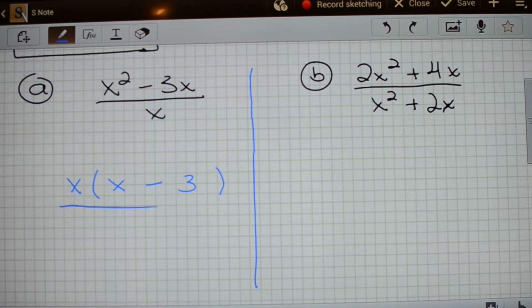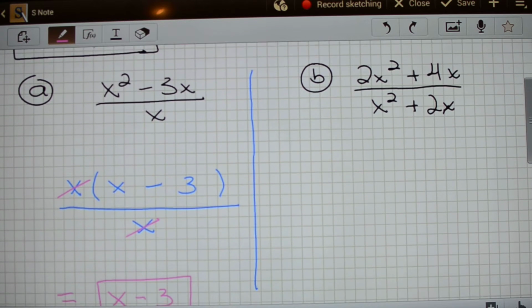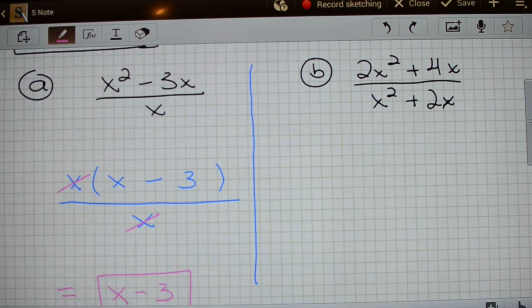And at the bottom, this x right here, we can't factor x. So now we're going to cross cancel, and we are left with only x minus 3. My fraction's gone. The fraction won't always be gone, but in this case it is, because this bottom is gone, so there's no more fraction, and that's really good. It's always good when the fraction goes away.